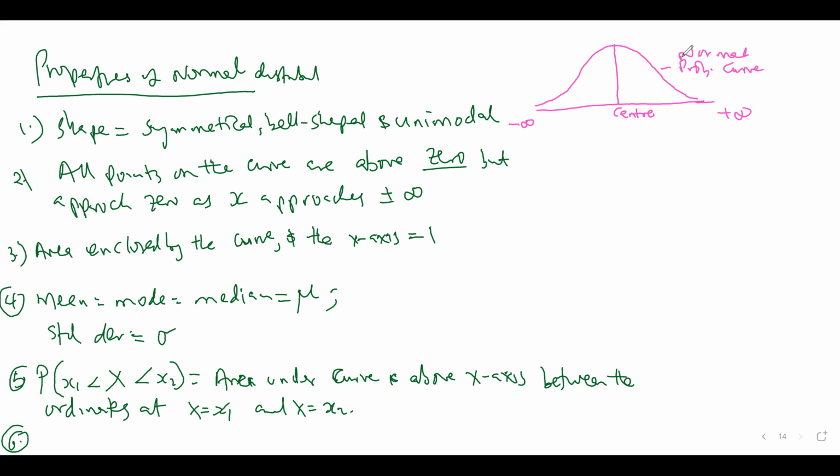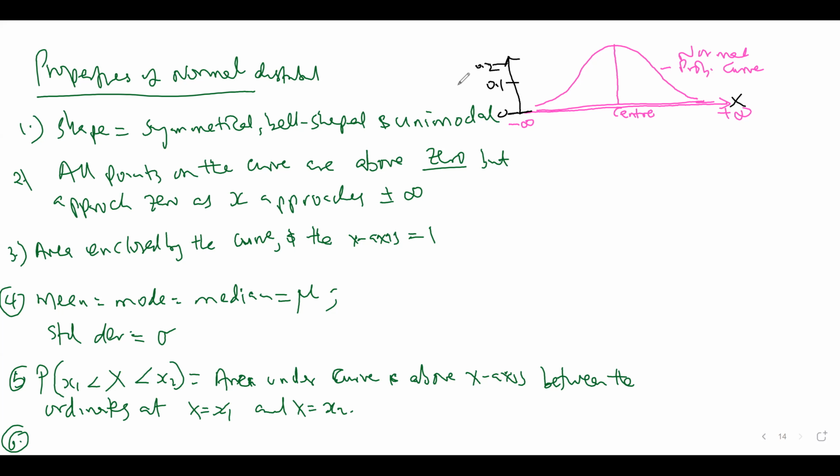The second one is that all the points on the curve are above 0. So if this is your x-axis, then you can say this is your y-axis. So this is y, this is 0. Maybe this is 0.1, this is 0.2, all the way.